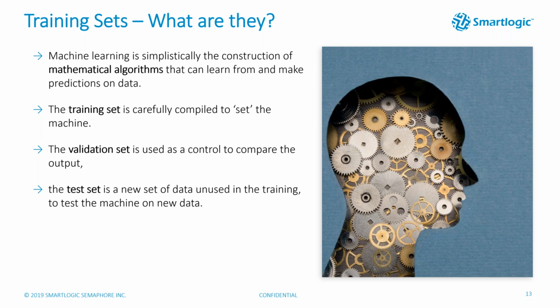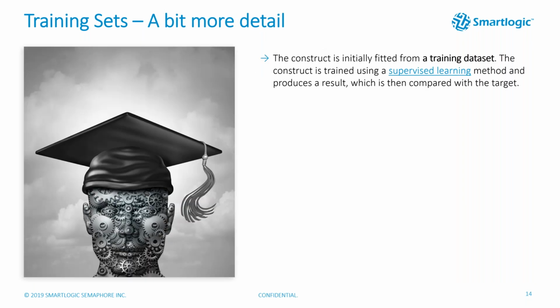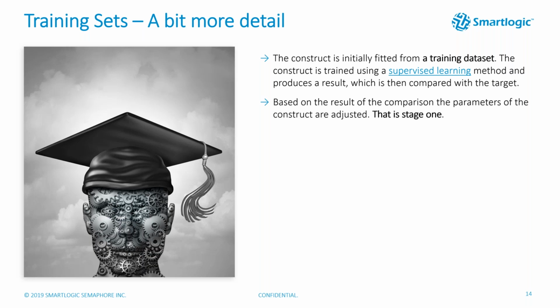If we go into a bit more detail on training sets, the construct, which is the algorithm, is fitted from a training data set. The construct is trained, it's called supervised learning, and it produces a result which is then compared with the target. Based on the result of the comparison, the parameters of the construct are adjusted.